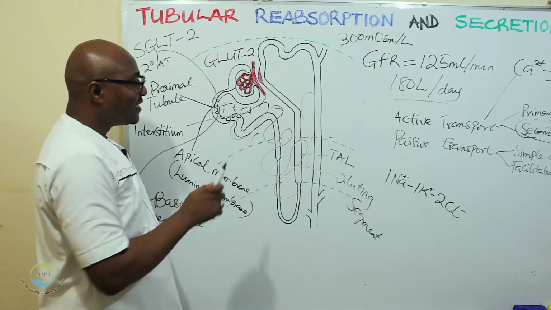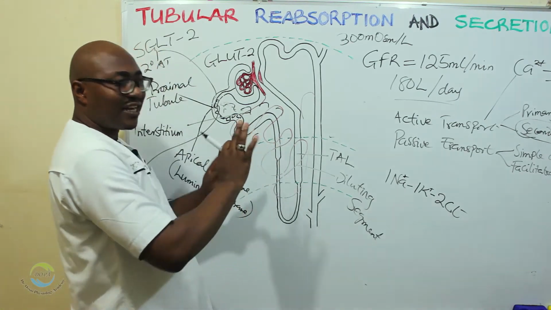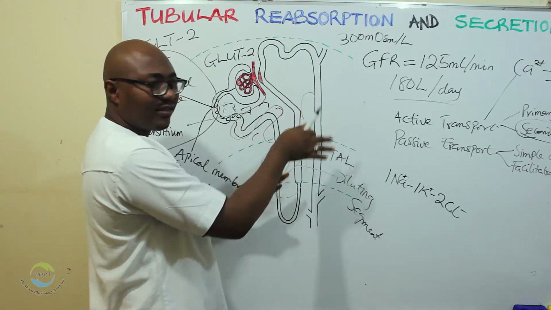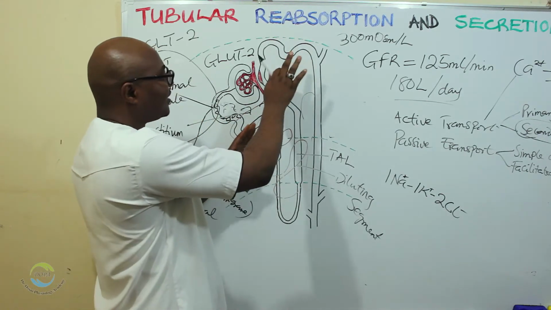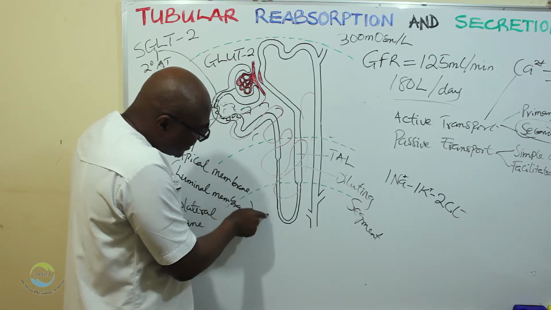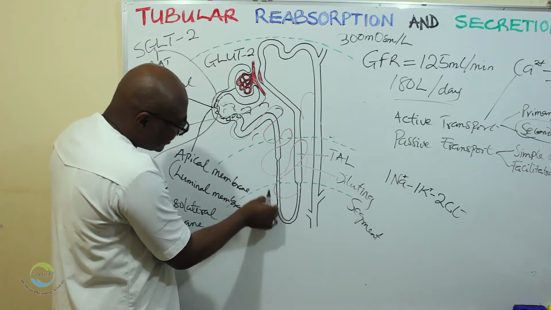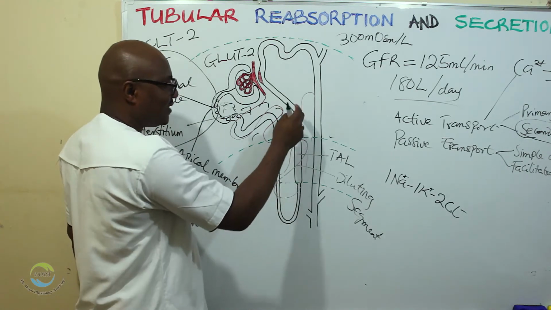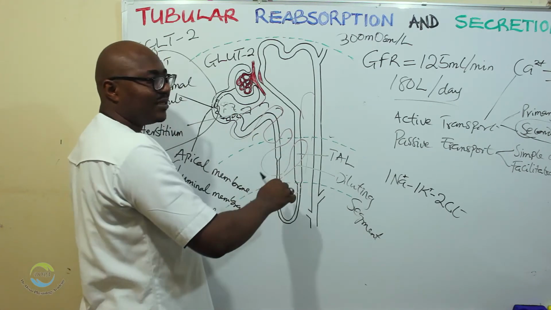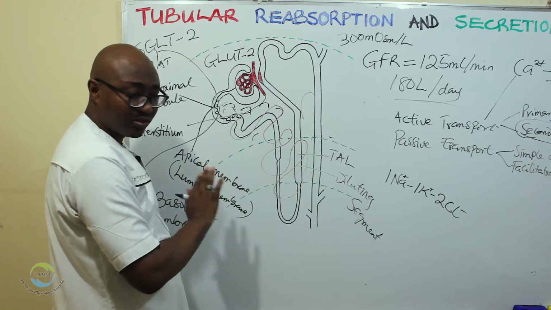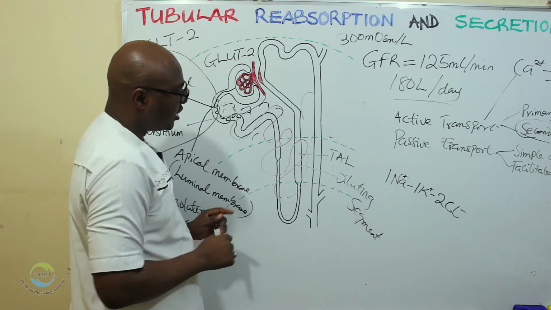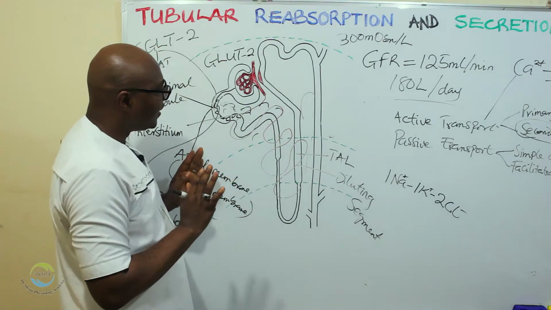But remember, just like a rule of thumb, hydrogen is secreted in every part: proximal, loop of Henle, distal tubule, is secreted into the tubule, except the thin limb, just this thin part. So hydrogen is secreted in the ascending limb of the loop of Henle only. The thin descending, the thin ascending, hydrogen does not do anything. It's not secreted. So this is the only part where hydrogen is not secreted into the tubule. So we are done with the loop of Henle.